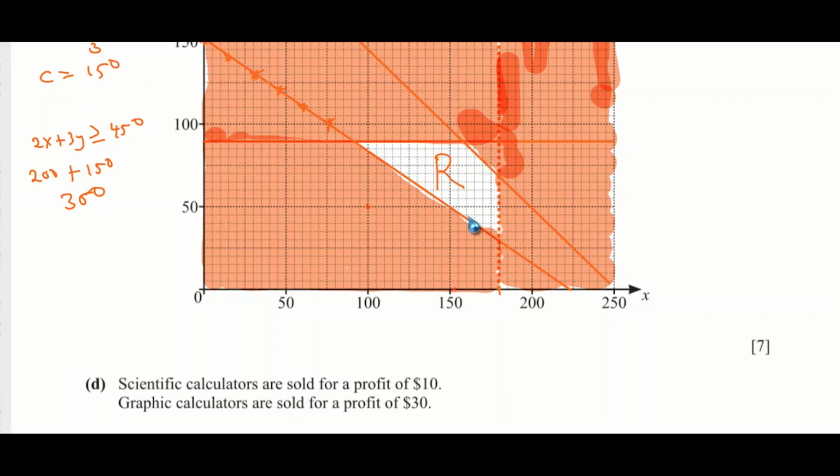So I just want to find where x is maximum. So this one is out of it. I think it's this spot here. That's about 155.